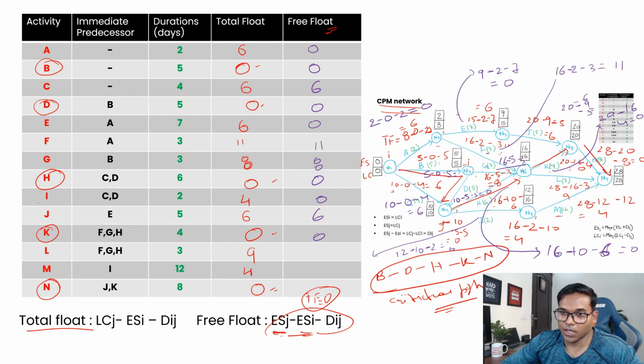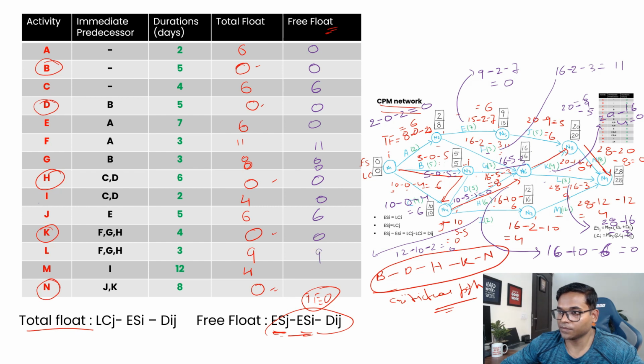Then for L, this is a node 28 minus 16 minus 3, so I think it's 9.